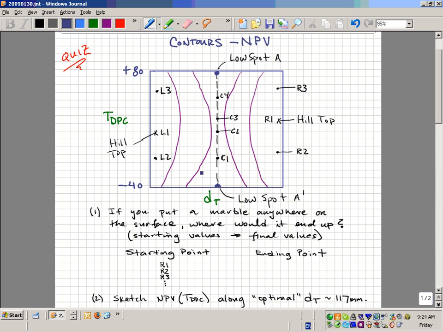But realize that I'm plotting minus net present value, so now it's the bottom. This is the low spot. The top of the hill yesterday was a low net present value, so you just have to think upside down. This is the maximum from yesterday, but now it's being plotted as a minimum.